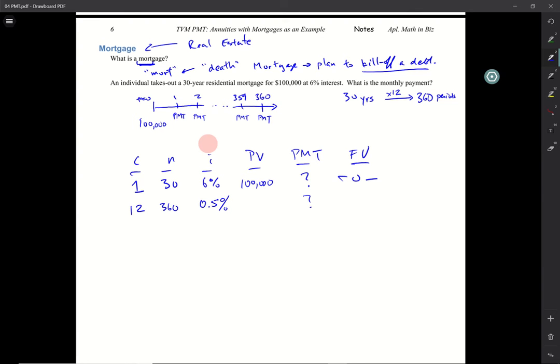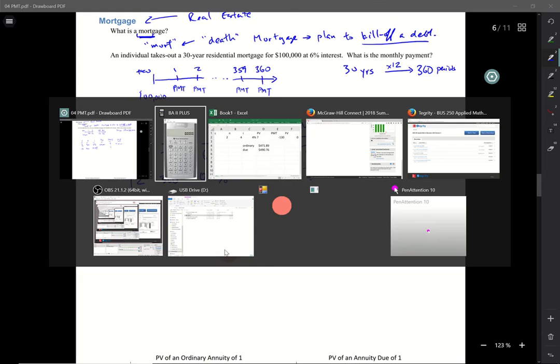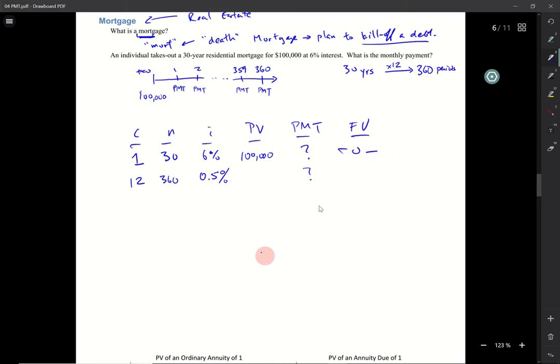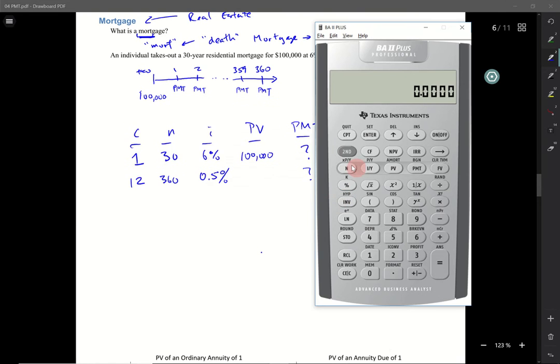So we can go for it. We do second, clear TVM.